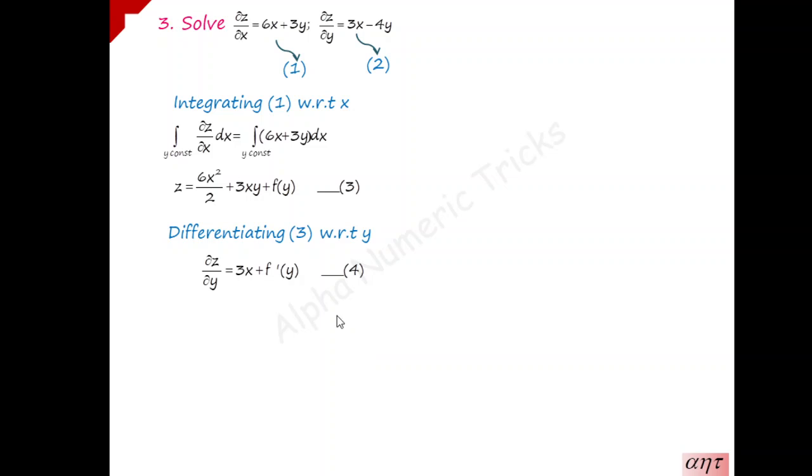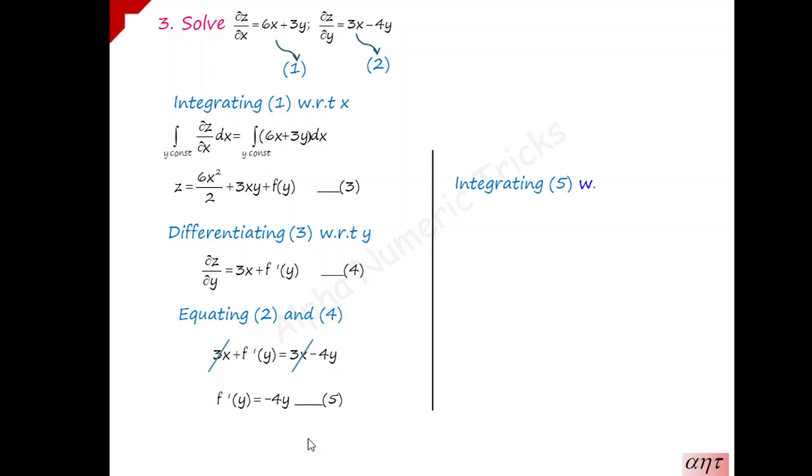Number that as 4. Why we are doing this is, in our problem another equation is given for ∂z/∂y, so in order to equate these two we are doing this. So equating 2 and 4, then 3x plus f dashed of y is equal to 3x minus 4y. Again 3x gets cancelled, so f dashed of y is equal to minus 4y. Number that as equation 5.